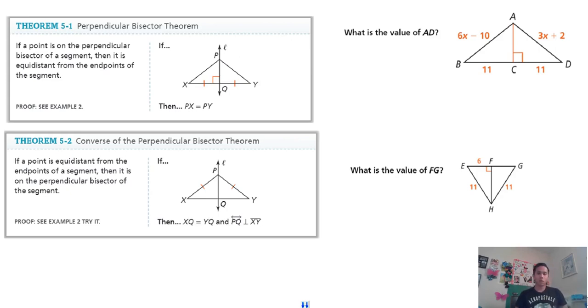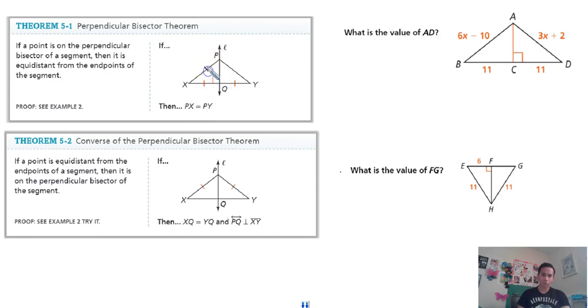So in this illustration, line L cuts your triangle so that you have two triangles, and line L is perpendicular to the base of the triangle. Therefore, PX is equal to PY.